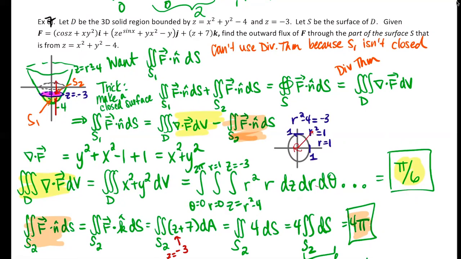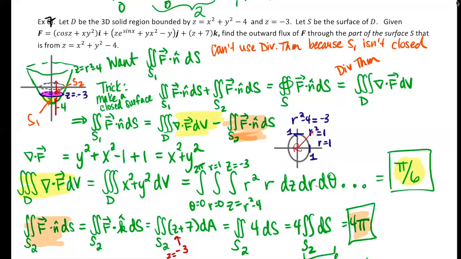Okay, next step is to do the surface integral over the lid, which is going to turn out to be much easier than the surface integral over the bowl. The reason being, notice the normal vector for the lid is just k hat. So when I take the dot product of F and n, I'm getting just the k component, which is z plus 7.